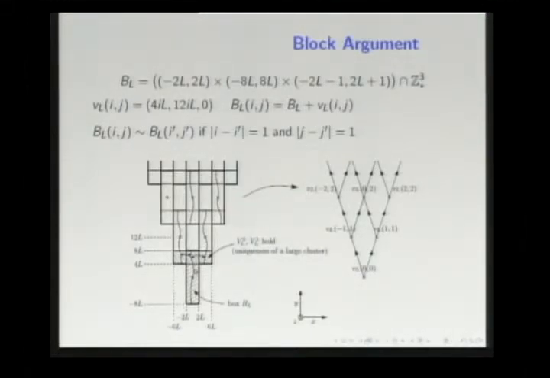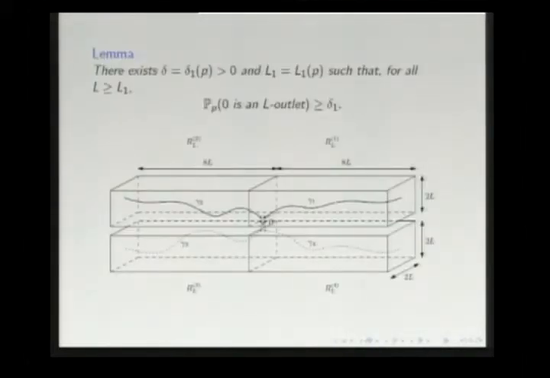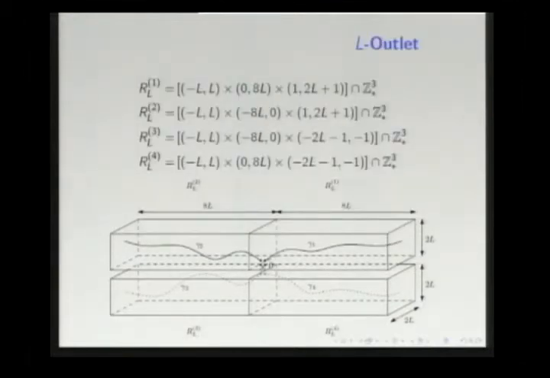Here the plane of the screen is the xy plane, and in each vertex I put some box like this. It's very important to observe that in the x direction, the length of this box is 4L. Observe that in the definition of outlet, in the x direction, it's only 2L. This is very important for me.